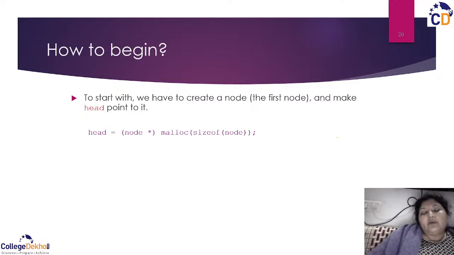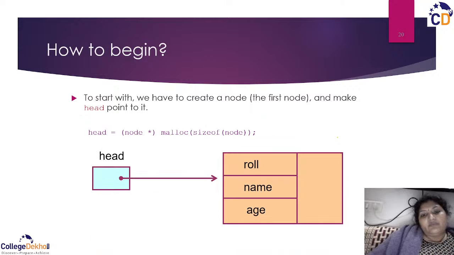How to begin, how to create a list? Head is equal to node, and node is defined as a pointer type. Malloc and sizeof node. Whatever the size of node, you may use the function sizeof. So this is how we are maintaining the structure.